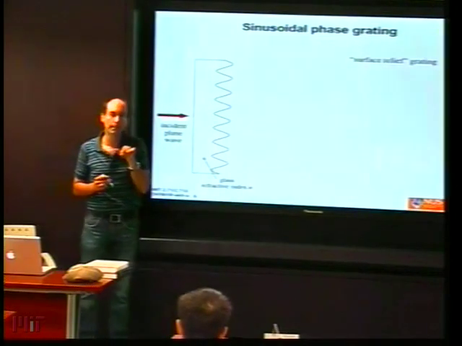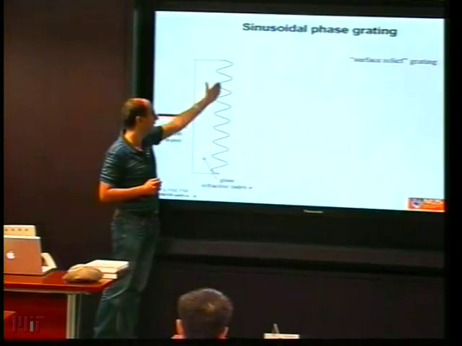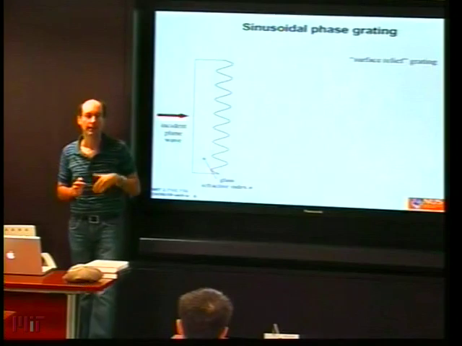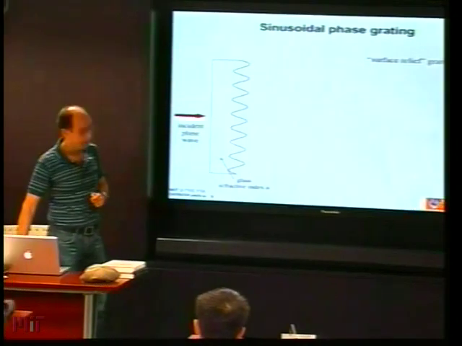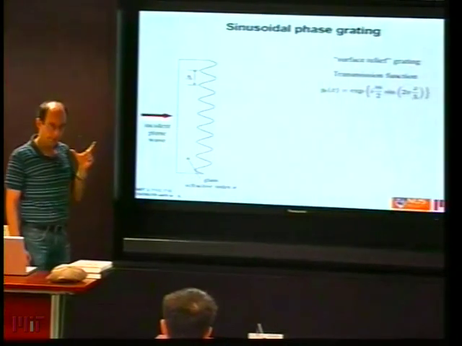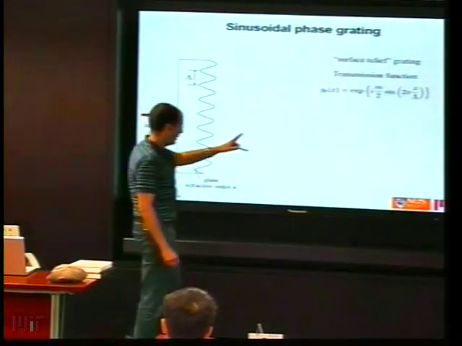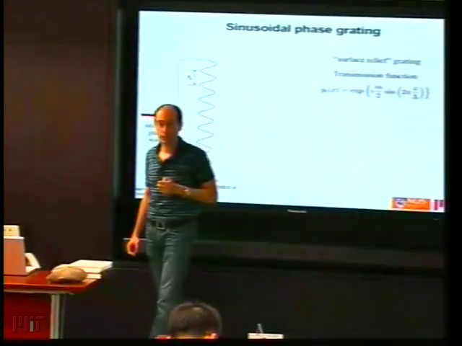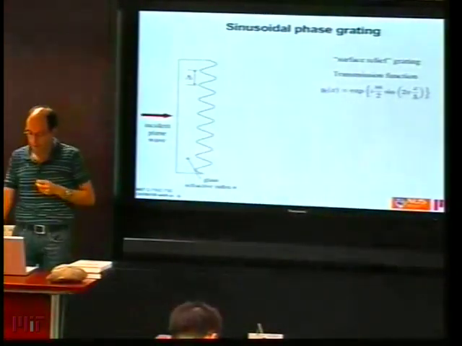Another way that Pepe mentioned is you might actually have a flat piece of material and modulate the index of refraction inside. Again, that would have a similar effect. The complex transmission function would be of this form. It would be an exponential whose value depends upon the optical thickness of the material that the light went through.